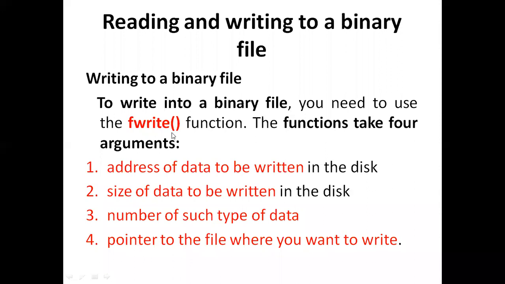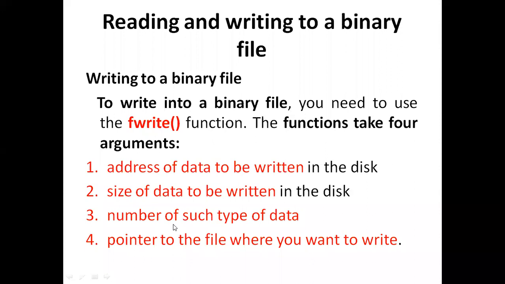We are going to see that in the example program now. The third parameter is how many elements of data we want to write. Suppose inside a file I want to store names, and if I am passing only one name, we pass the third parameter as one.